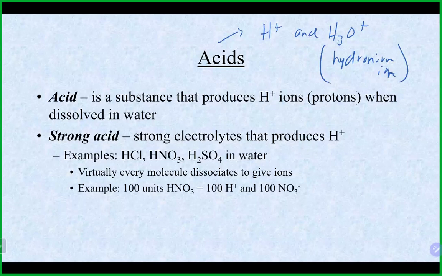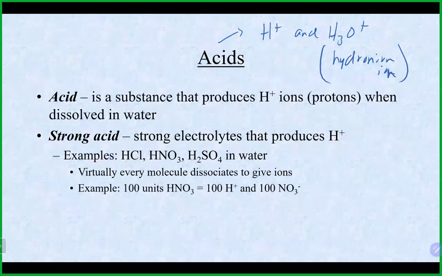So they sort of represent the acid part of the solution. Also, H plus is sometimes referred to as a proton, because hydrogen has one proton and one electron and no neutrons. In order to become positively charged, it has to lose an electron, which leaves just a proton. So in acid-base chemistry, you'll sometimes see H plus and H3O plus used interchangeably.